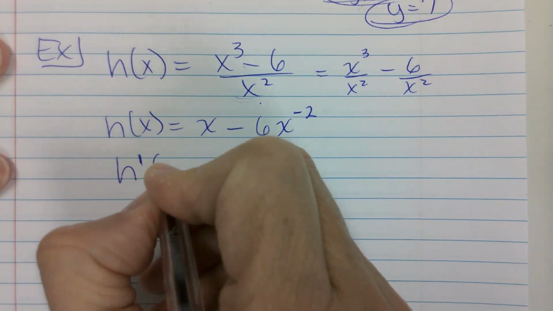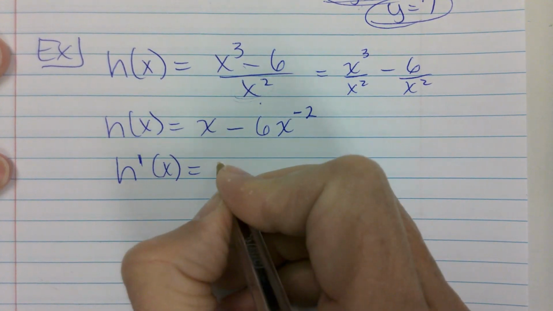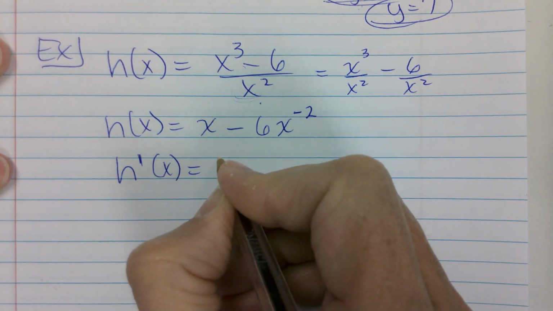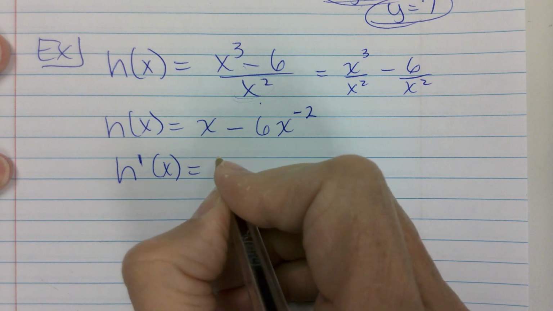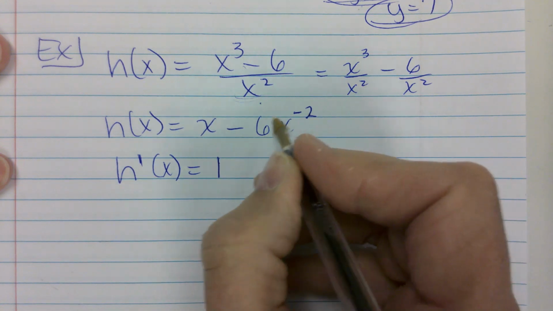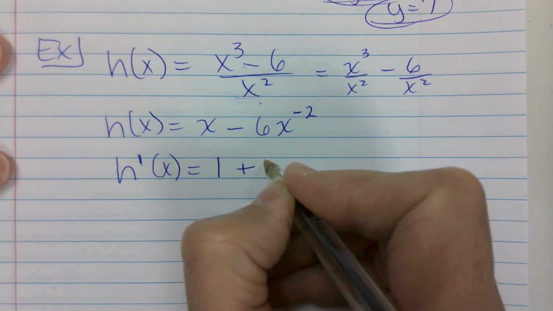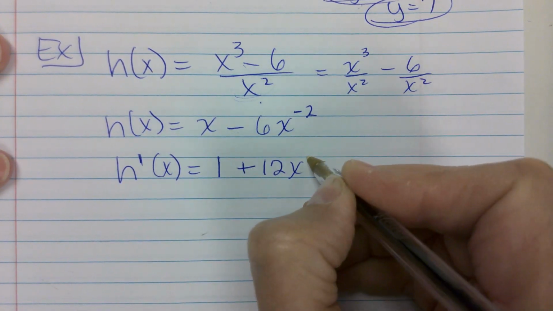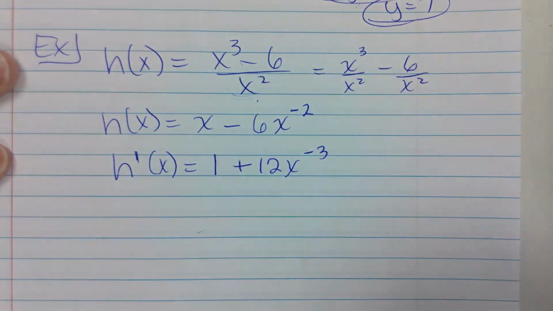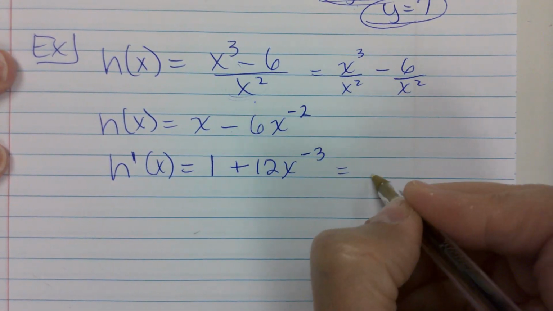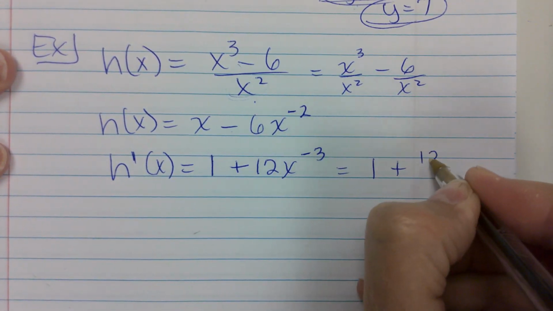What's the derivative? Power down would make it negative 6 times negative 2, which is positive 12, x to the negative 3. And the only thing I would go back to is write it as 12 over x cubed.